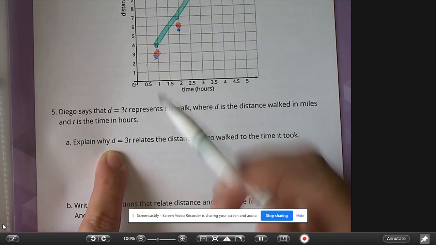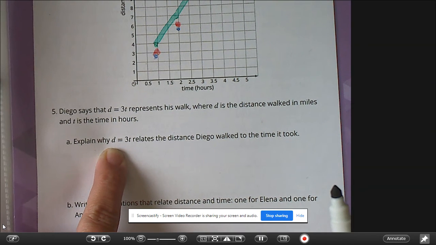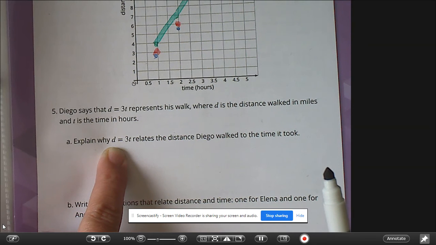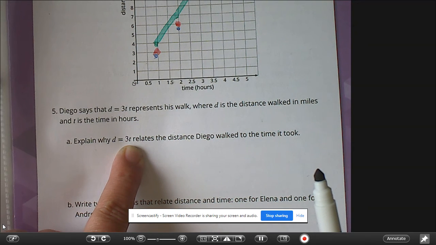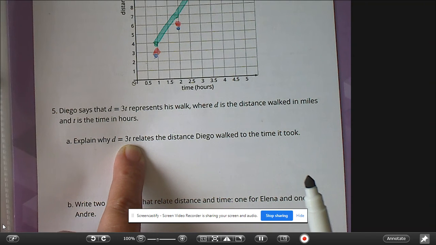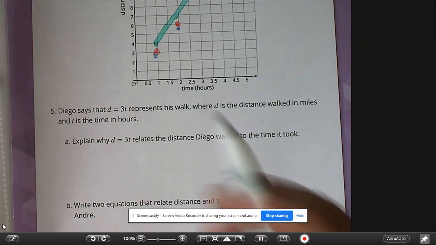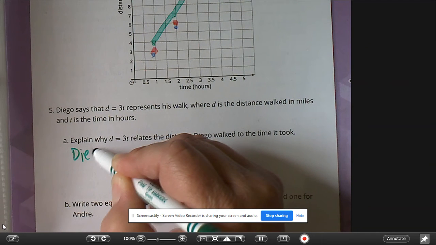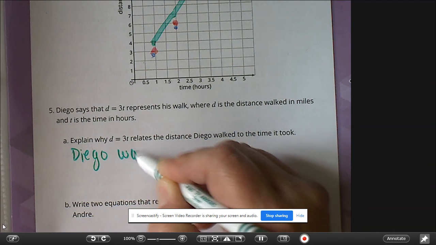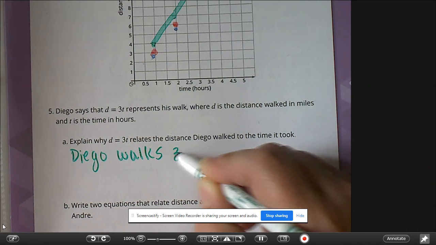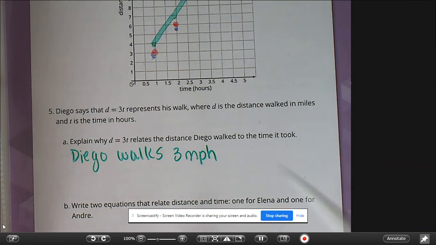Well, so for every hour, it was multiplied by 3 to get the distance, and T is the time. So Diego walks 3 miles per hour. So you're just multiplying the number of hours by 3 to find his distance.